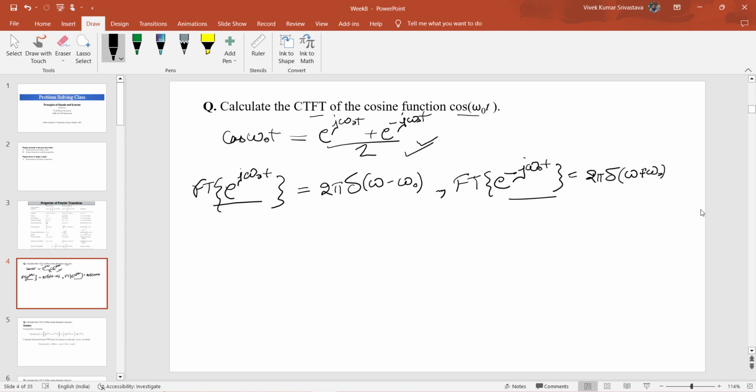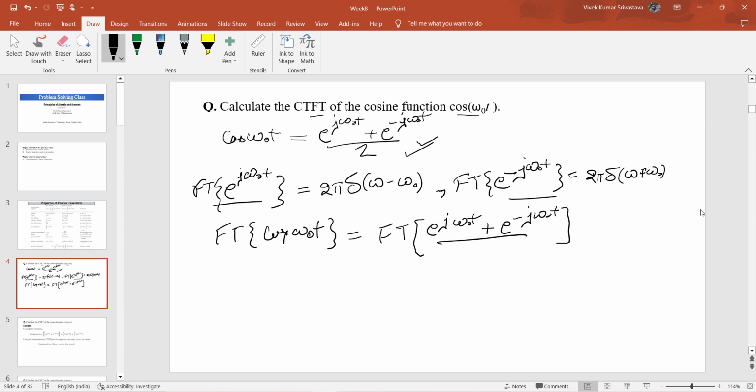We will use this property to evaluate the continuous time Fourier transform of cos of omega naught t. I will take the Fourier transform of cos of omega naught t and the Fourier transform of the right side, that is e raised to the power j omega naught t plus e raised to the power minus j omega naught t, by 2.